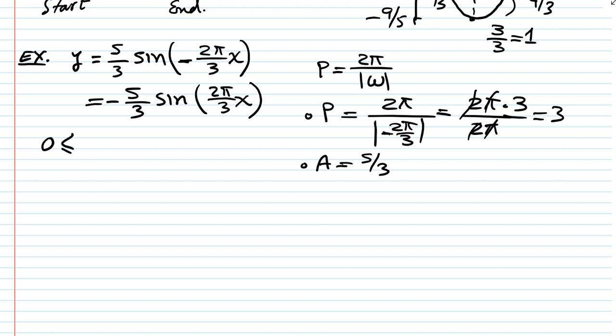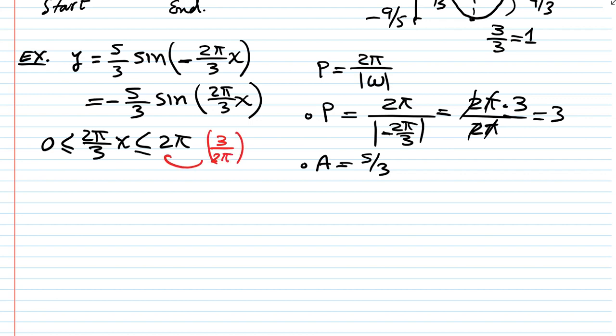Now I can set 2 pi over 3 x between 0 and 2 pi to see where is my starting and ending. Now I'm going to multiply all parts by the reciprocal of 2 pi over 3, which is 3 over 2 pi.